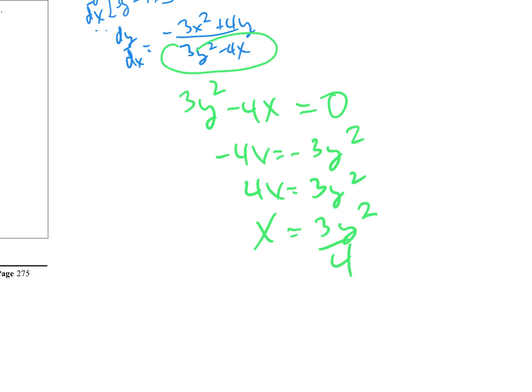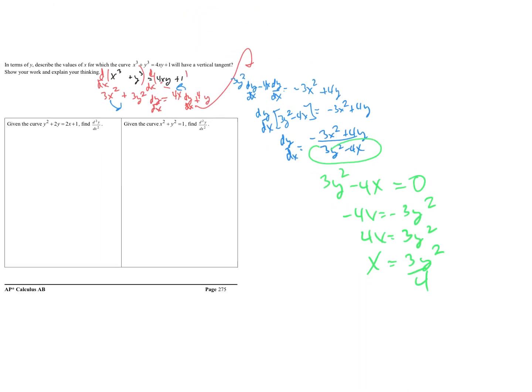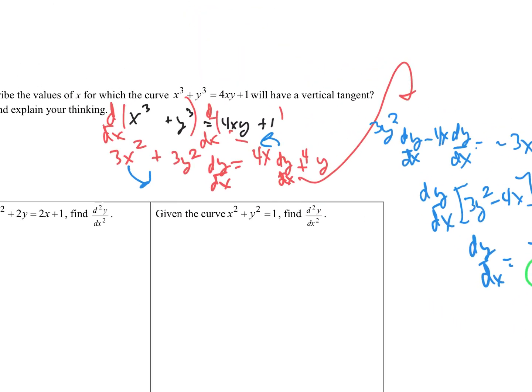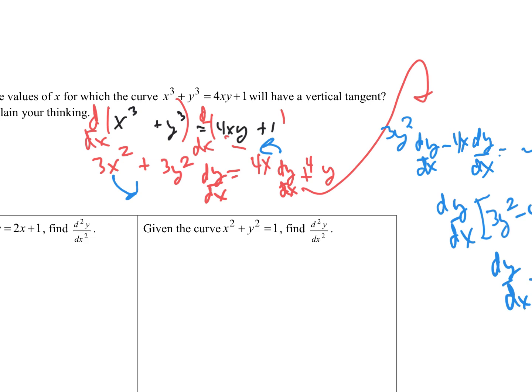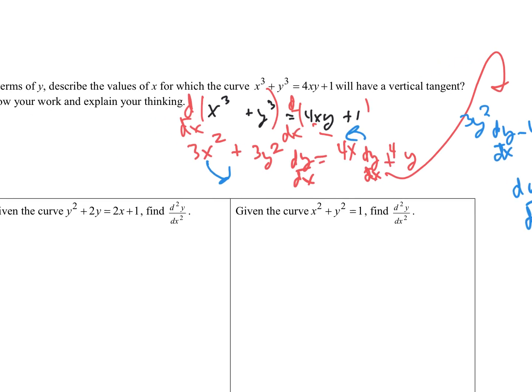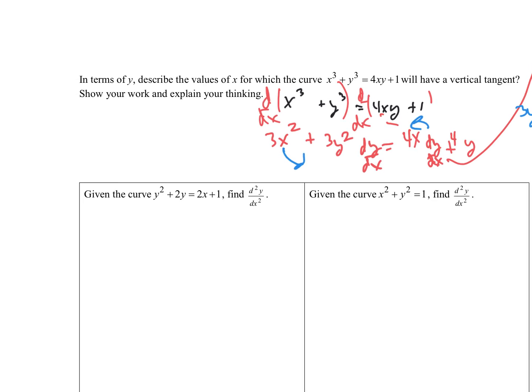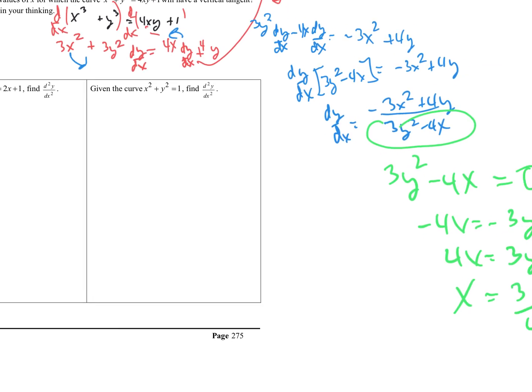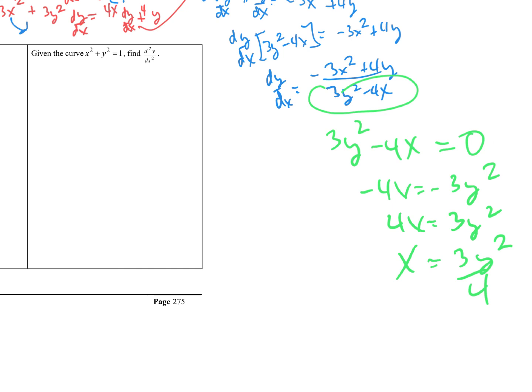When x is equal to 3y squared divided by 4, that doesn't seem to be very pretty. I don't even know if I can make it better here. Vertical tangent occurs when the denominator is 0, so I'm going to leave it like that. I'll get back to you if you wanted me to.